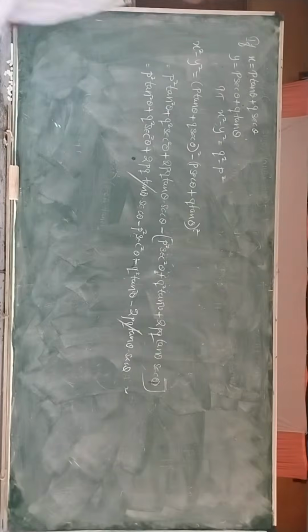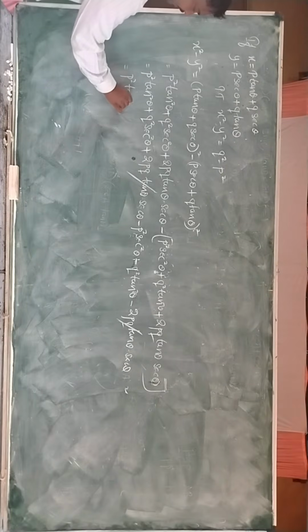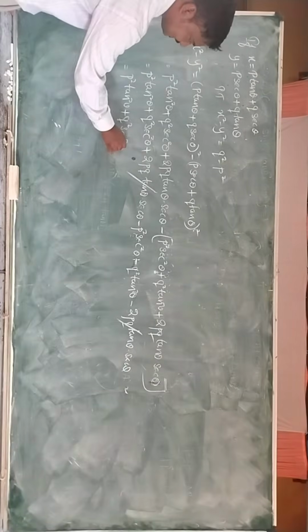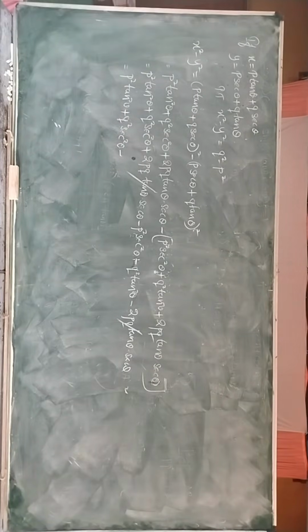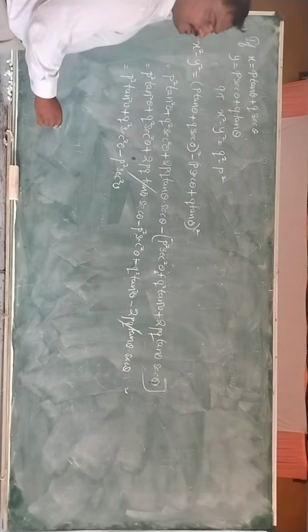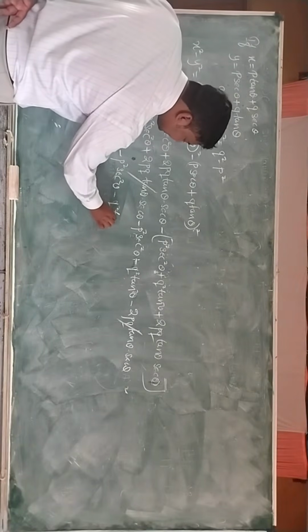Then the remaining terms are p square tan square theta plus q square sec square theta minus p square sec square theta minus q square tan square theta.